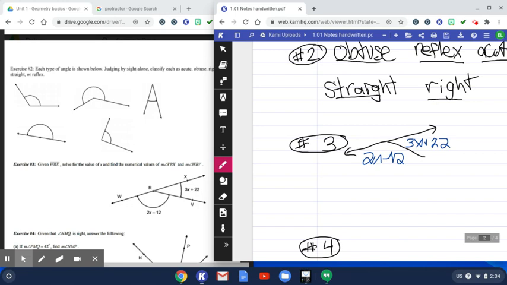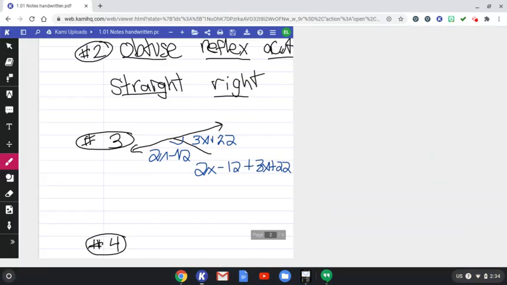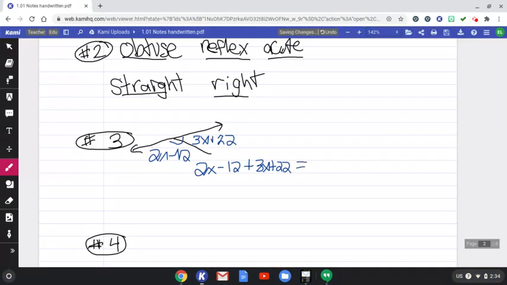But those two things make a straight line of 180 degrees. So we're going to set up an equation. 2x minus 12 plus its next angle, 3x plus 22 equals 180.